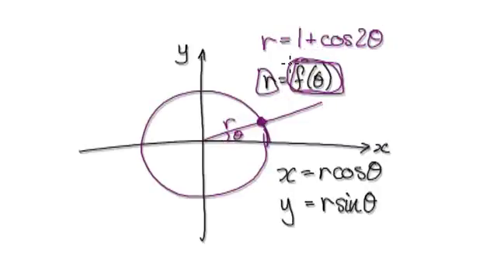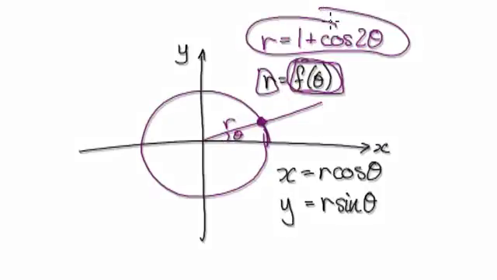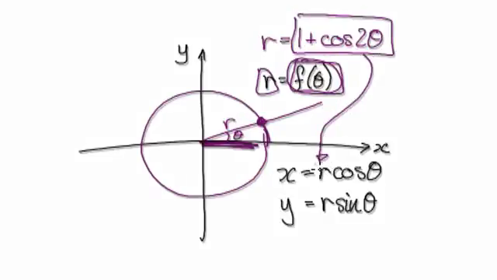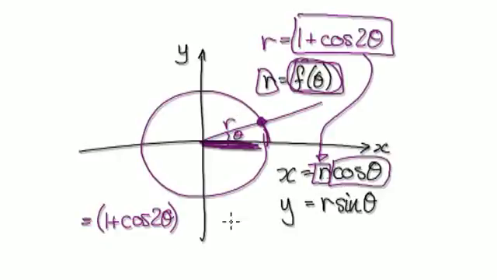Now, the minute you've been given this, then you know the physical x distance. Well, the physical x distance would be you putting this thing into here, so the physical x distance would be 1 plus cos 2 theta, times this thing here, cos theta.